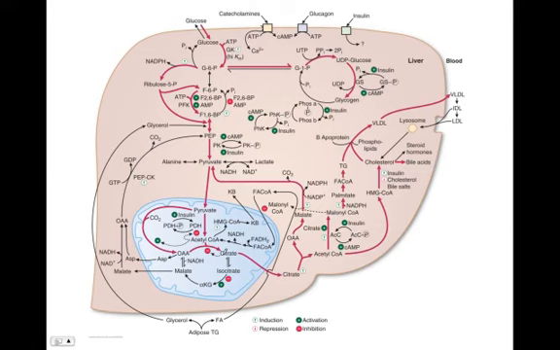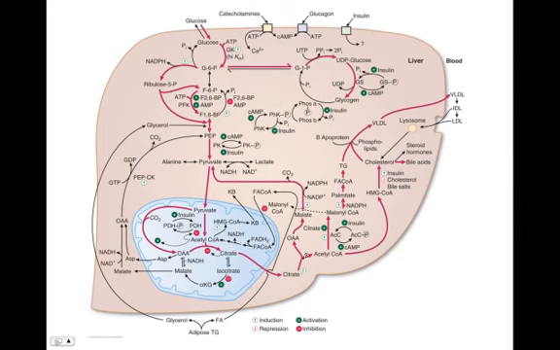Acetyl-CoA continues on through the TCA cycle. The conversion of acetyl-CoA to citrate involves the condensation of oxaloacetate and acetyl-CoA. Citrate can continue on the TCA cycle or can be shuttled out of the mitochondria to be used as a substrate for fatty acid synthesis.